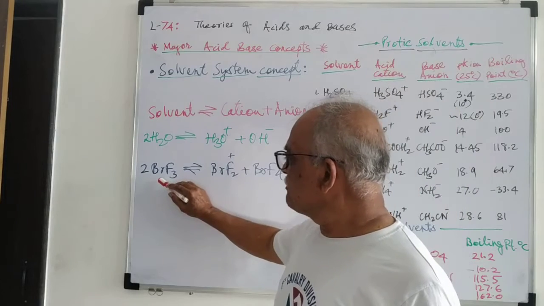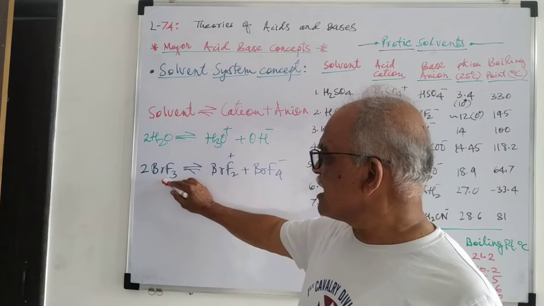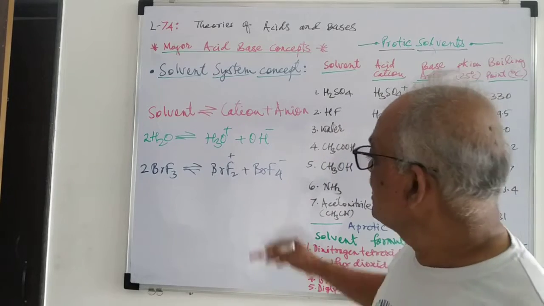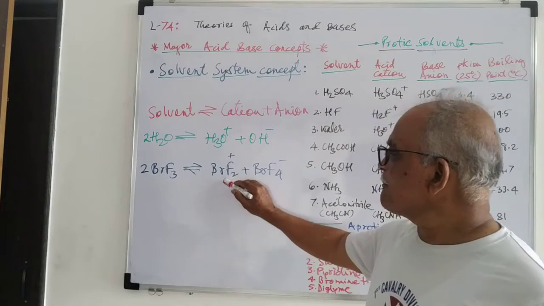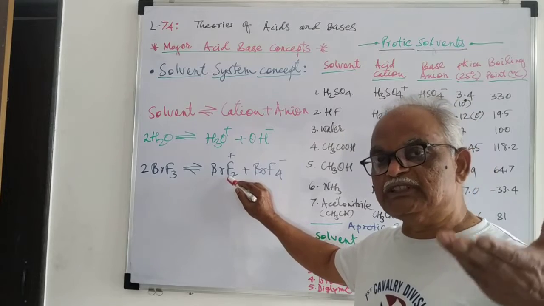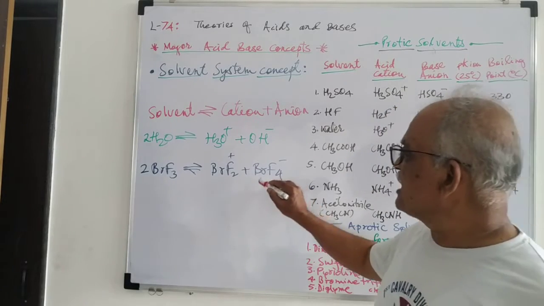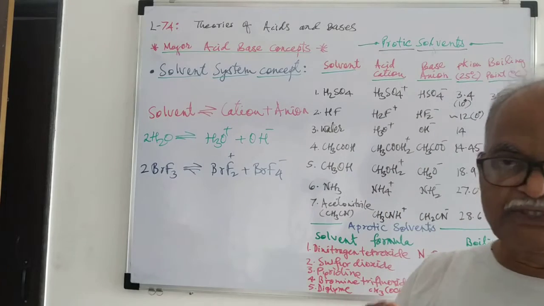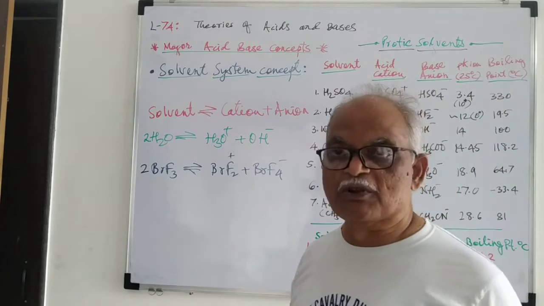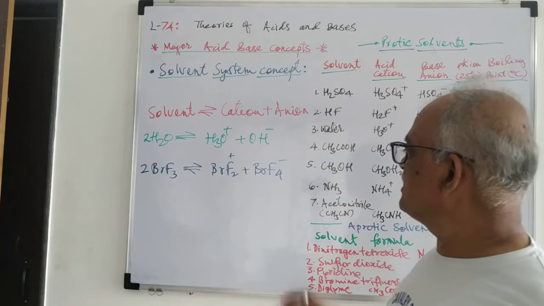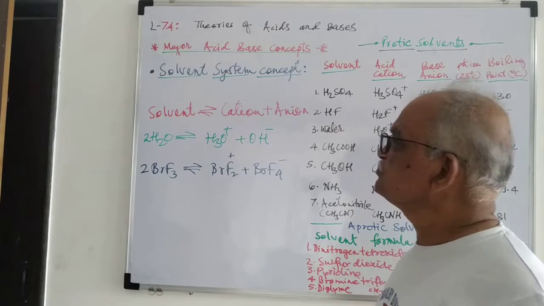Similarly, if we are using an aprotic solvent and we add a solute because of which the cations are produced in more concentration, then it is called an acid, and if the anions are produced in more concentration, then the substance is called a base. This is the simple definition of the solvent system.